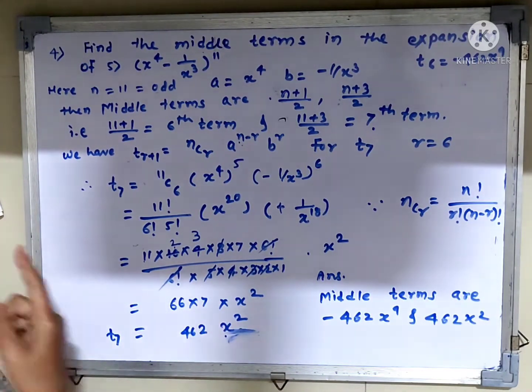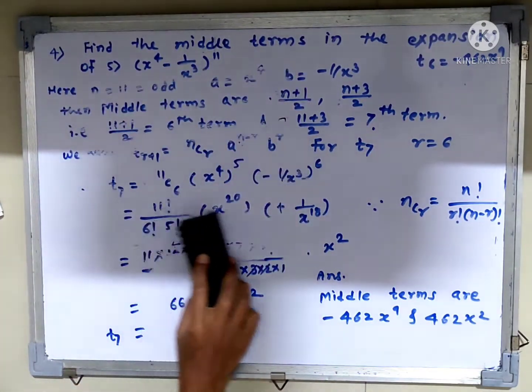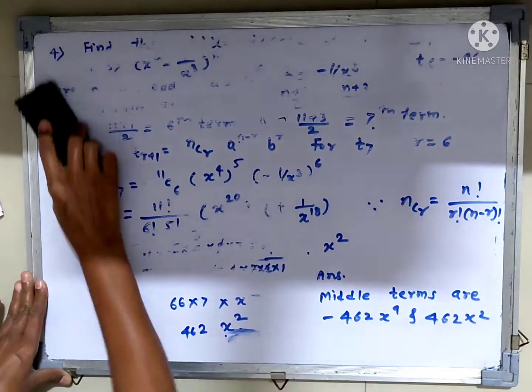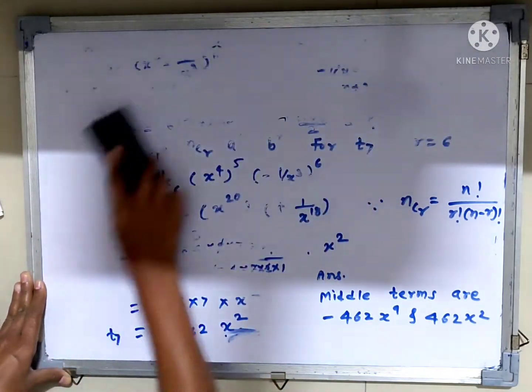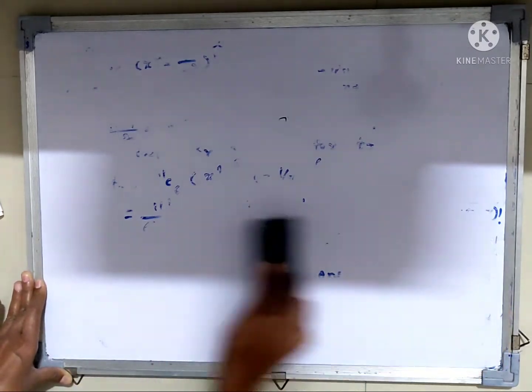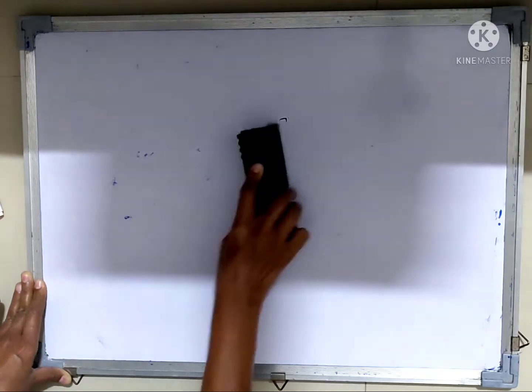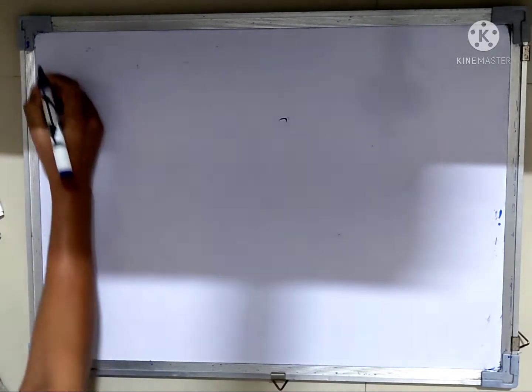Then the remaining examples you have to solve. Then example number 5, fifth example.